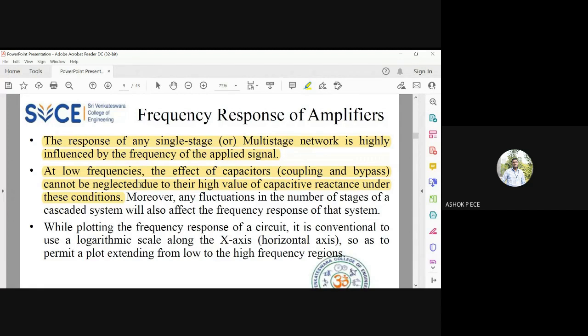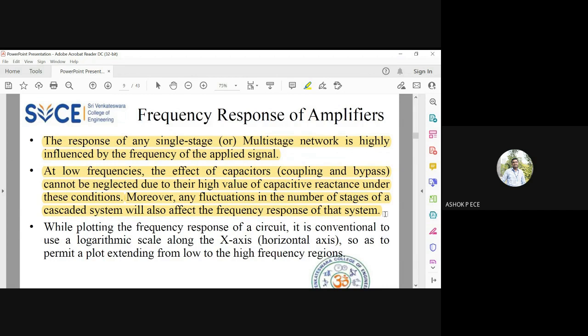It will be open circuit, so just like the current will not flow through these capacitors. If you connect these components between two stages, that is going to affect the frequency response of the system. At low frequencies, even though the effect of capacitors is to be considered, it is going to be open circuit and there will be no effect.